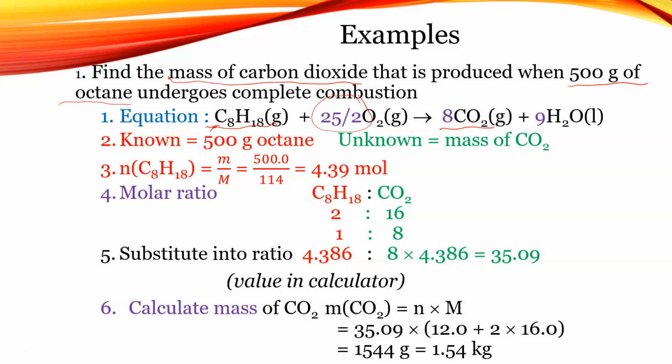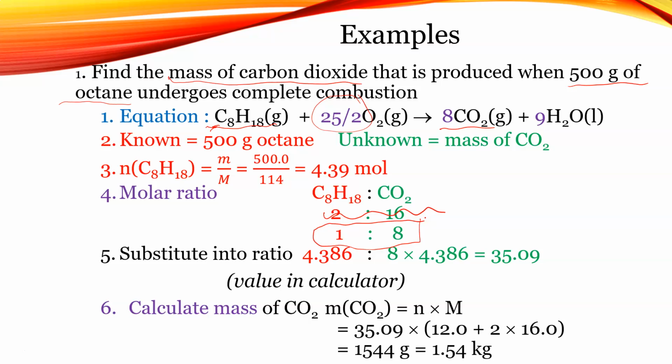And then we calculate the moles of octane, 500 divided by the molar mass of octane, which you would be expected to work out, and you may not even be given a separate mark for that because we're in year 12 now. And so you've got 4.39 mole. The molar ratio, now it's really funny that I kept that in because this is the molar ratio in our equation.